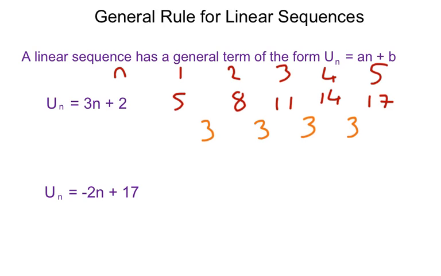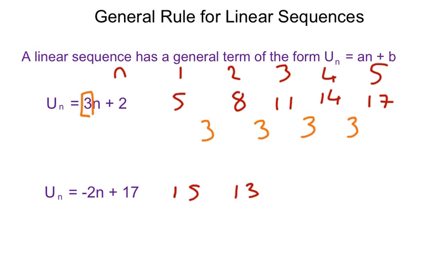And that's really important, because if you look back at our general term, we have that number there, 3, multiplying the n. Let's look at the next one, see if we get a similar result. This time we have minus 2n plus 17. So when n is 1, it's minus 2 plus 17. That gives us 15. When n is 2, it's minus 4 plus 17. That gives us 13.